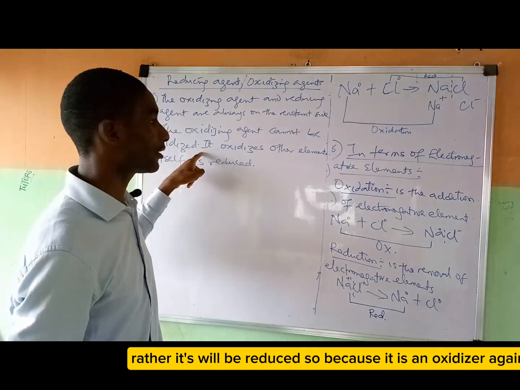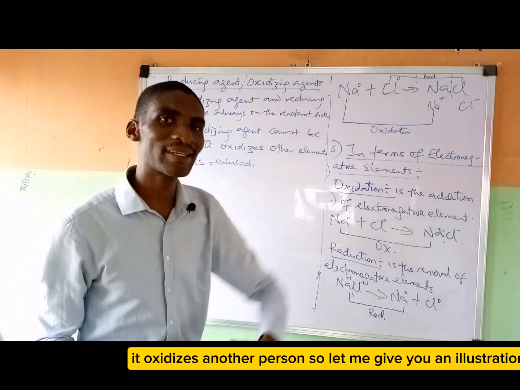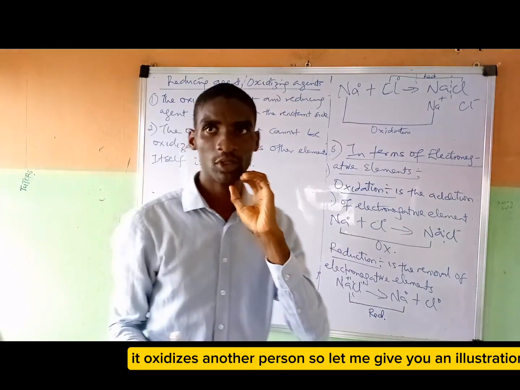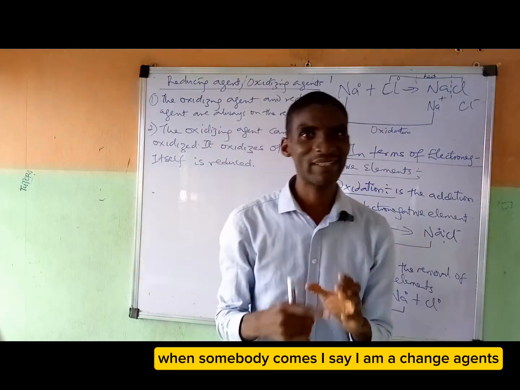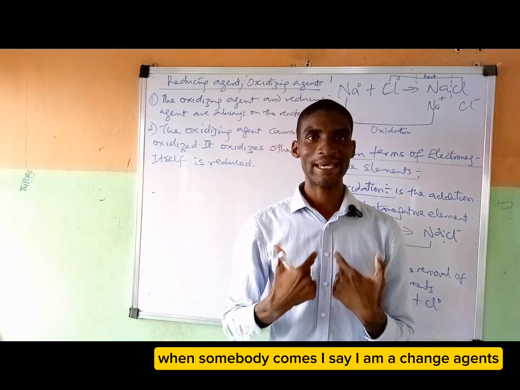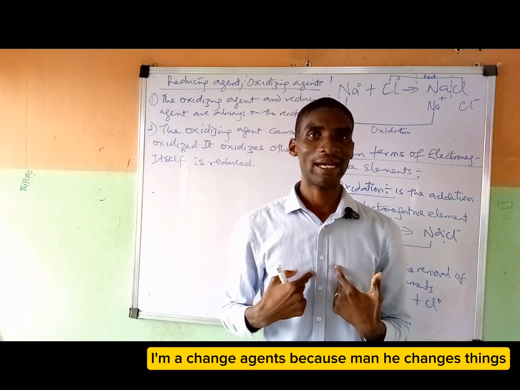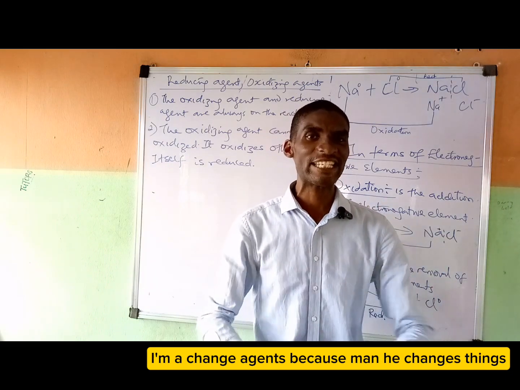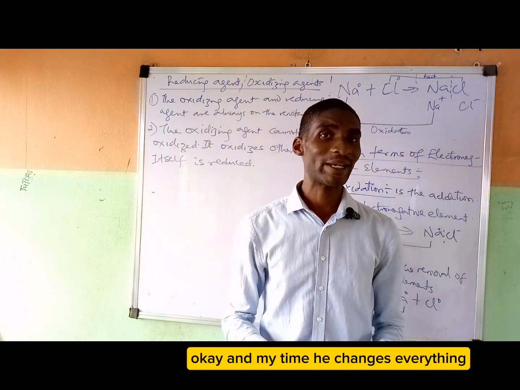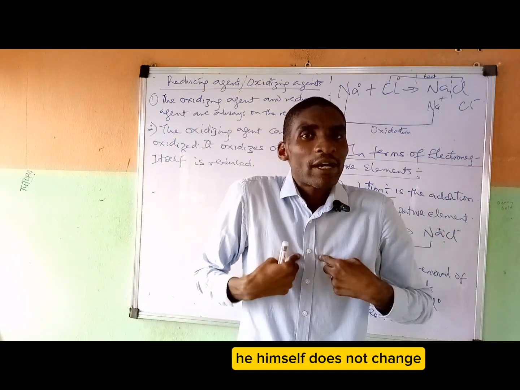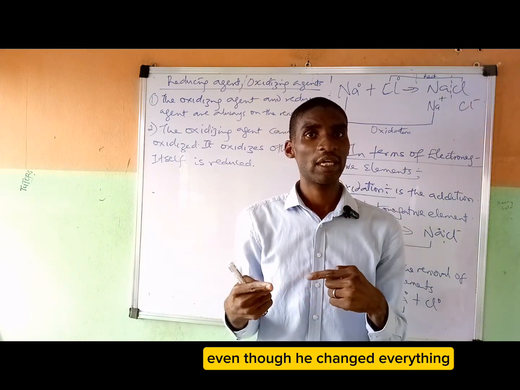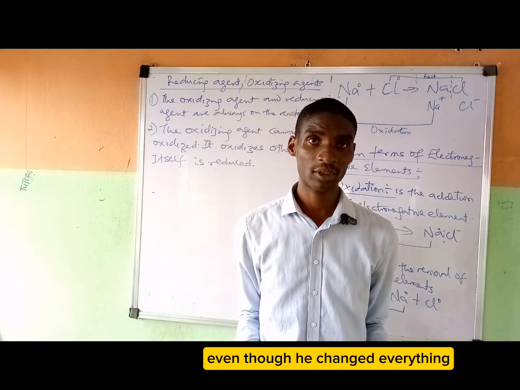So, because it is an oxidizing agent, it oxidizes another person. Let me give you an illustration. You know, when somebody comes and says, I am a change agent, it comes and it changes things, okay? And by the time he changes everything, he himself does not change, even though he changed everything. Alright?